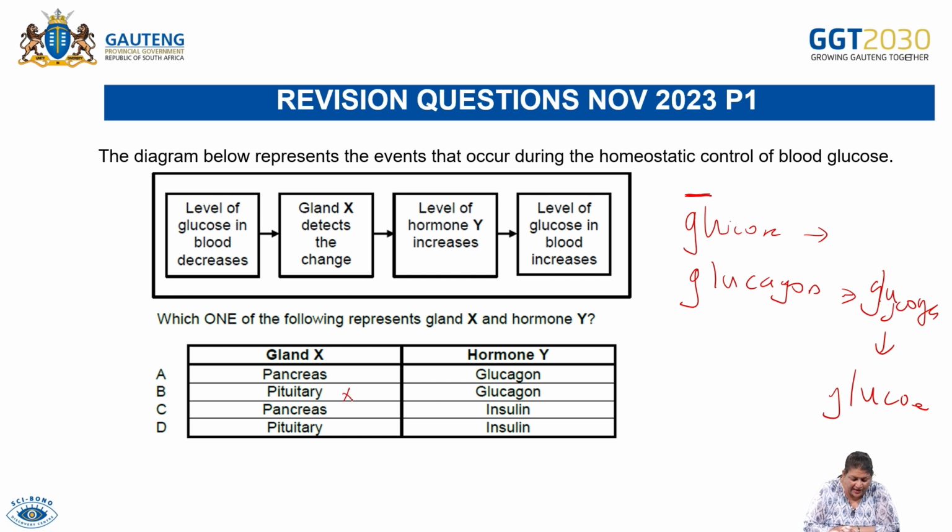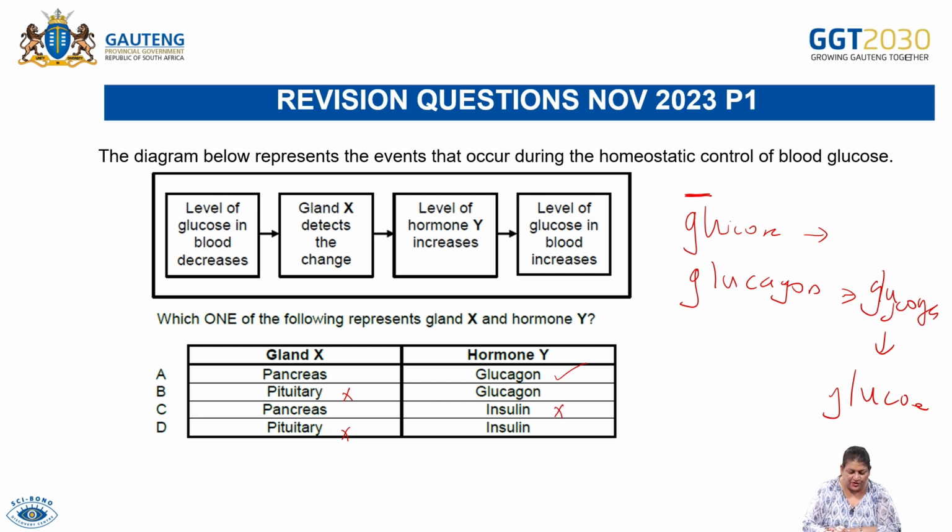Pituitary is definitely out. So now we have two options. We have option A, which is the pancreas, and option C, which is the pancreas. But we know that the pancreas releases glucagon when the sugar is low or the glucose is low. So it's going to be the pancreas, and it's going to release glucagon. It's not going to release insulin.